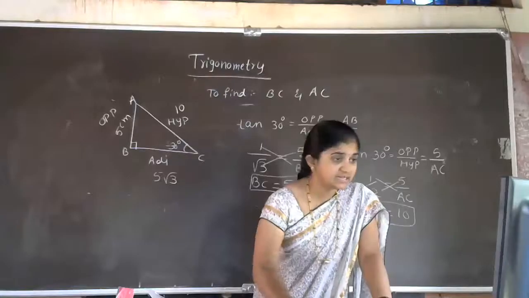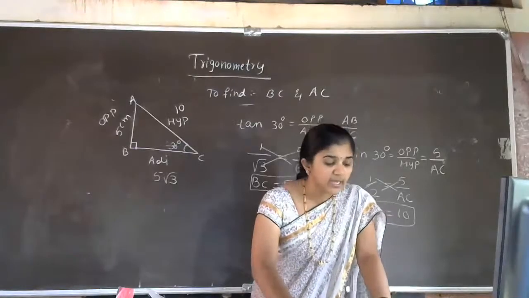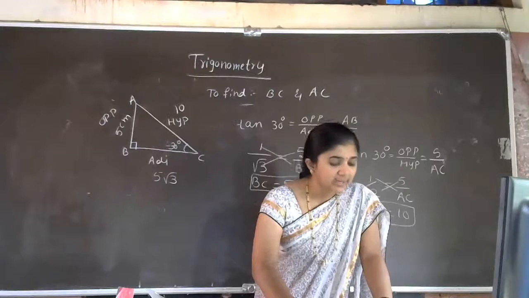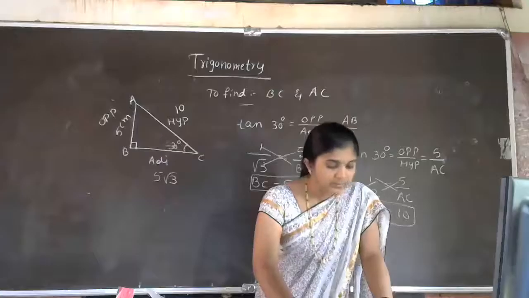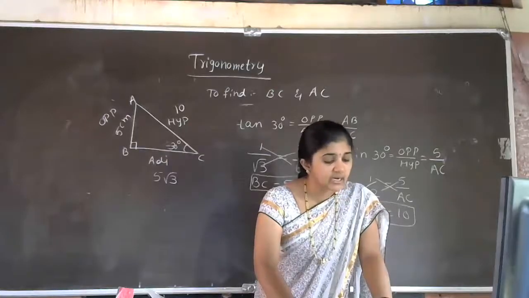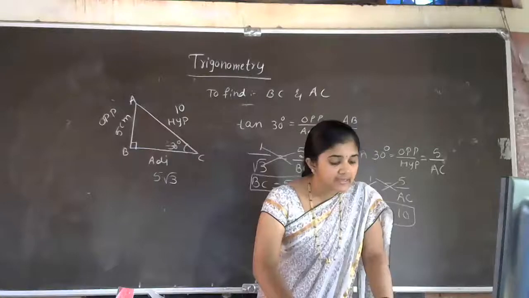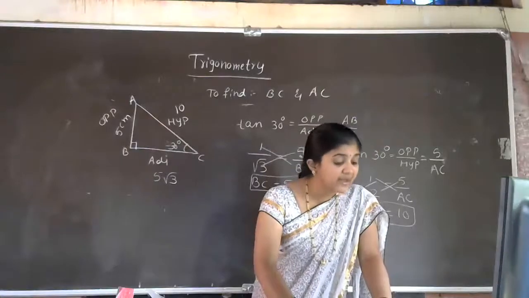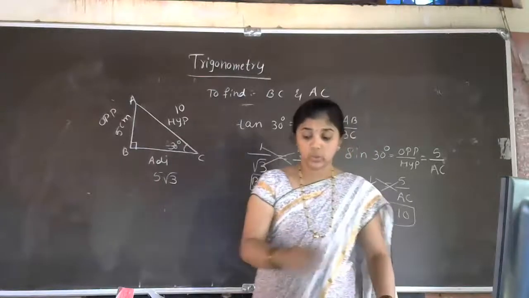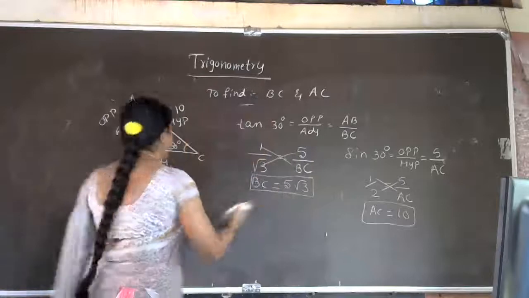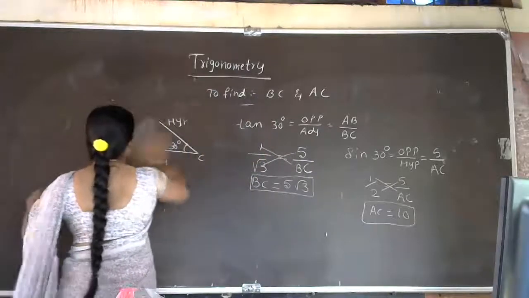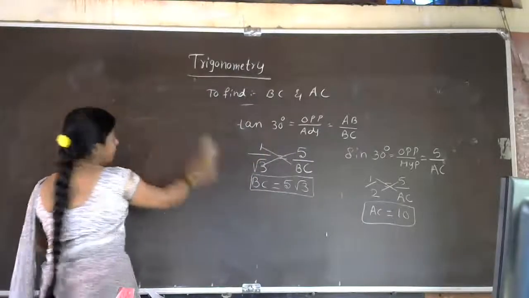In the second example, just observe: in triangle PQR, right angled at Q, PQ is 3 cm, QR is 6 cm, determine angle QPR and angle PRQ. Here two sides' measurements are given, and you have to find out the angles. So how to find out the angles?